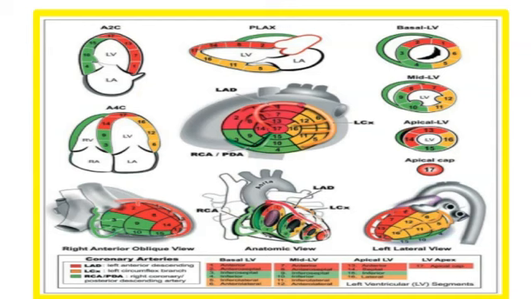So what we're really going to be looking at is where the coronary perfusion territories are based on the echo images and angles that we get of the heart while we're doing echoes.